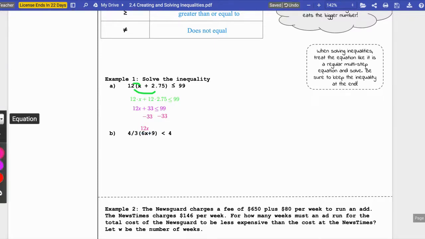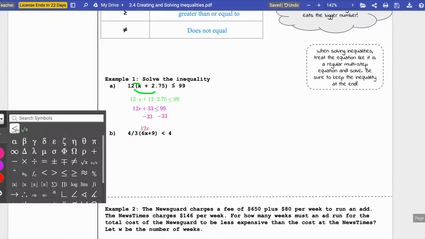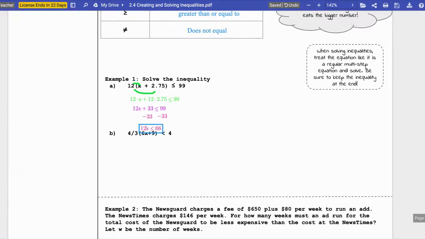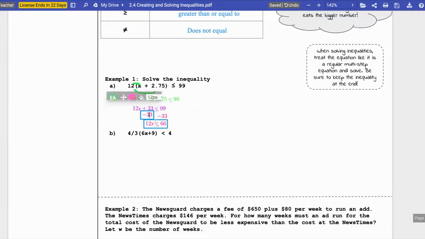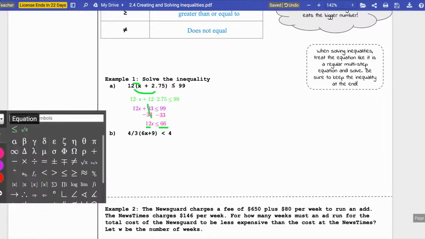Remember to keep that symbol. Then we're getting ready for our last step, which is to divide. When I divide by 12, I'm not going to get a very pretty number.